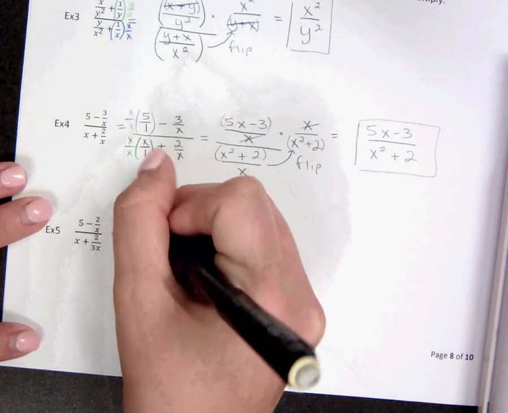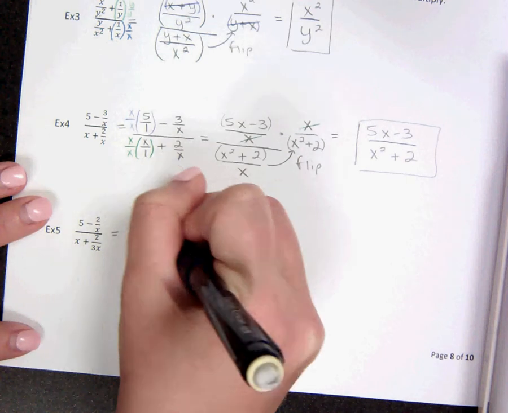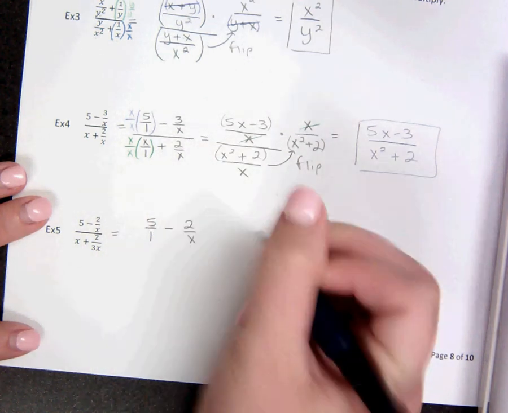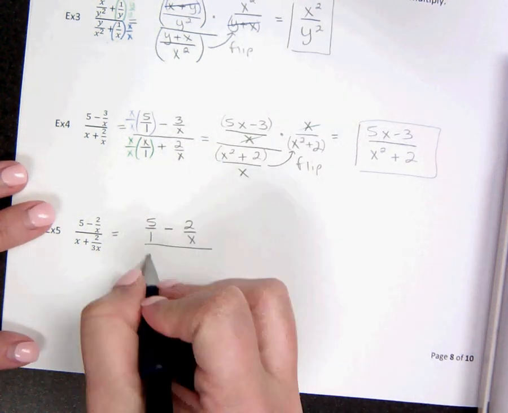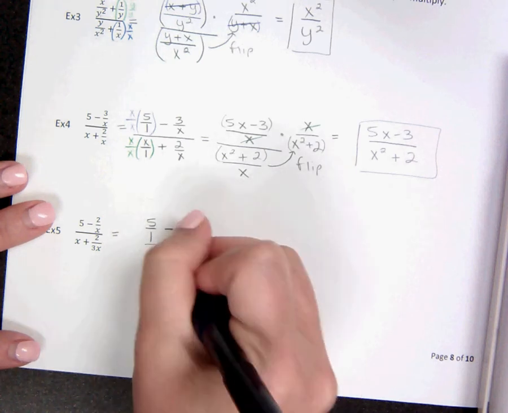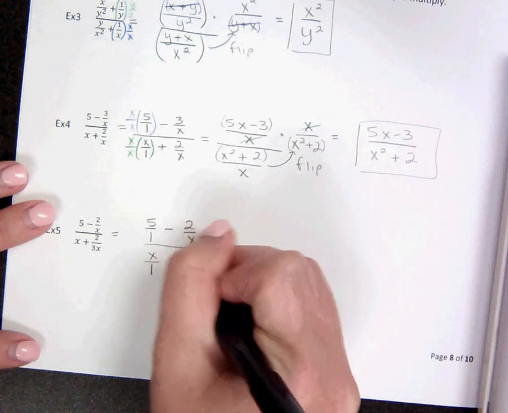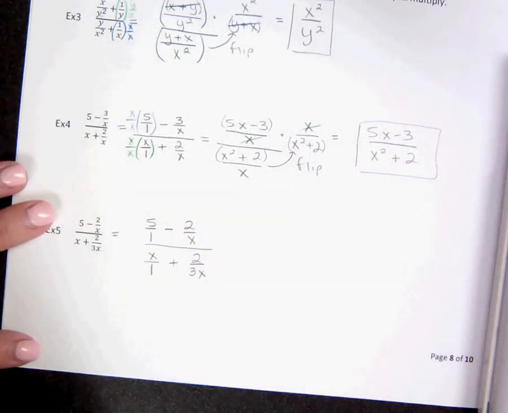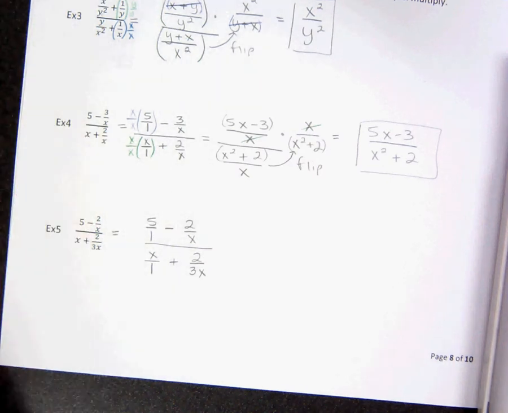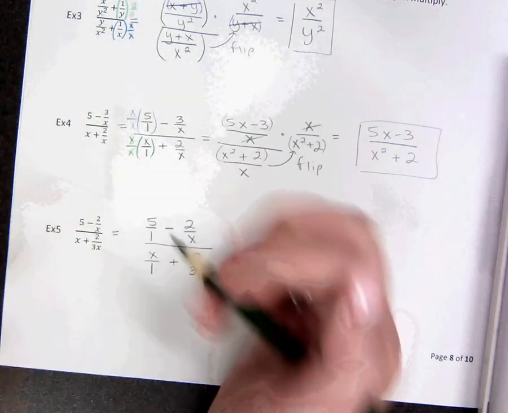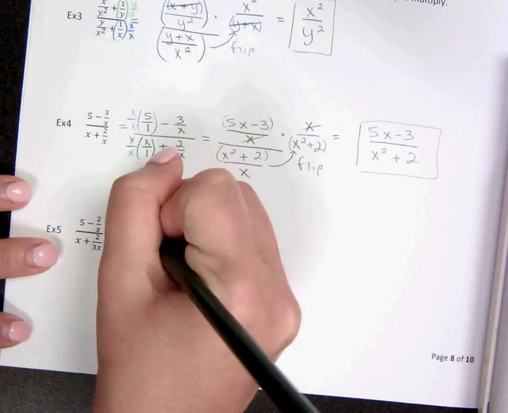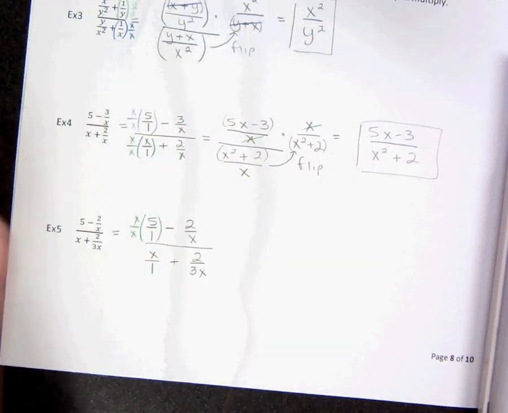So I'm going to write this as 5 over 1 minus 2 over x over 1 plus 2 over 3x. Then I'll work on getting my common denominators. So we need to multiply this one by x over x.